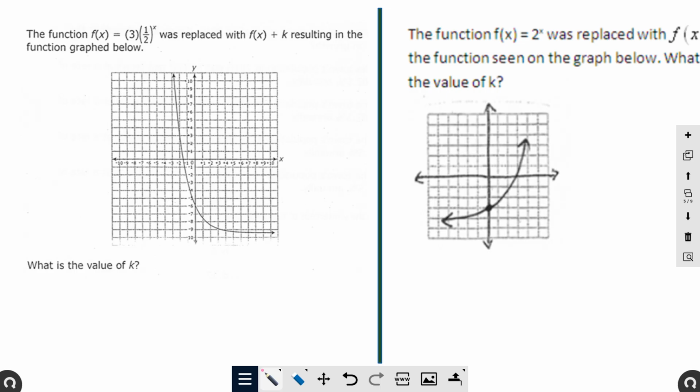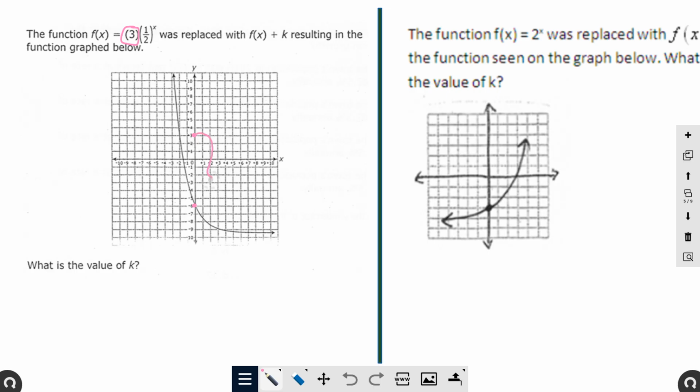It should cross the y-axis at 3. Does this graph cross at 3? No. Because of this number here, we should have a y-intercept at 3. Where is this y-intercept? -6. So our graph got shifted down.